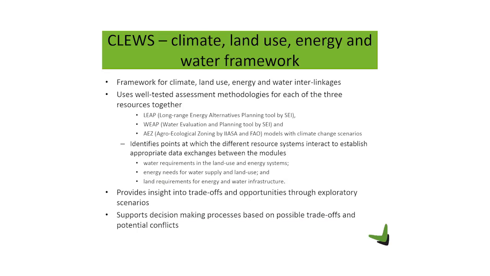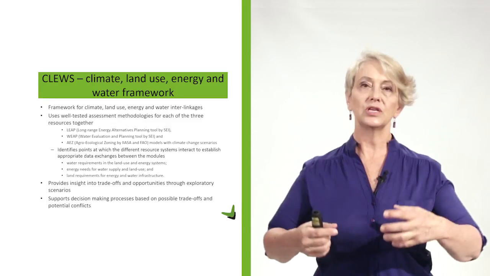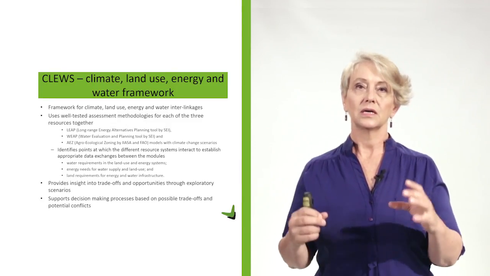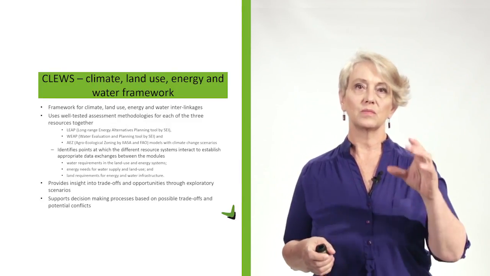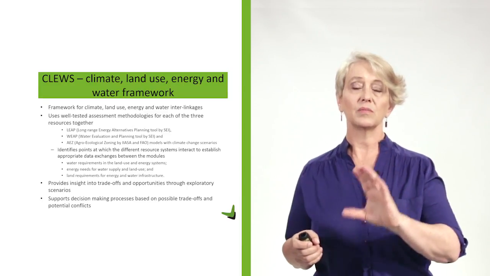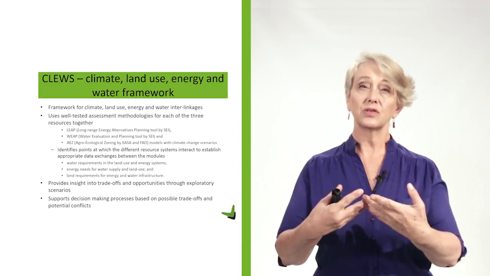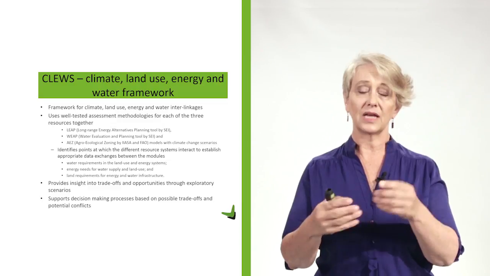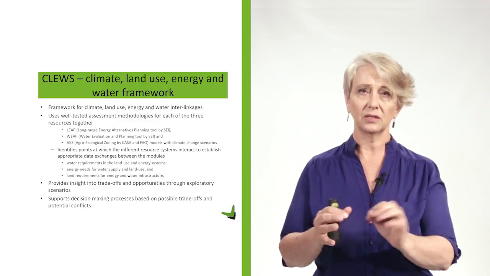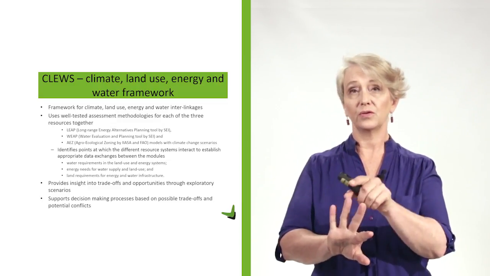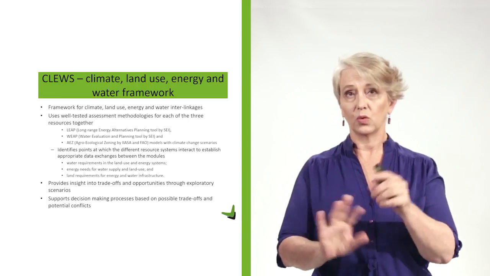So a further development of the nexus planning approach is the climate, land, environment and water system that has been developed, which essentially brings together separate models in terms of land, environment and water, and brings those three models together in a way to say what are the points of intersection between these three models, the food and land, energy and water models.